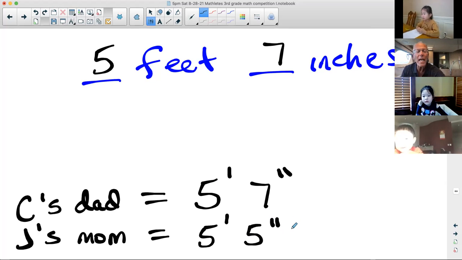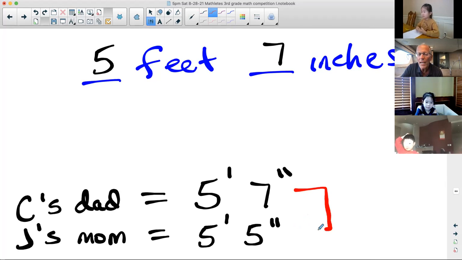Yeah. Okay, good. Now, how much taller is Catherine's dad than Jason's mom? Raise your hand. Don't say it out loud. How much taller? So you're looking really for the difference.